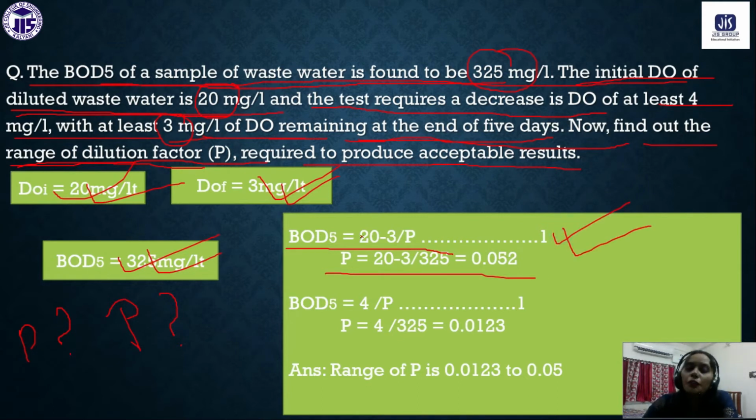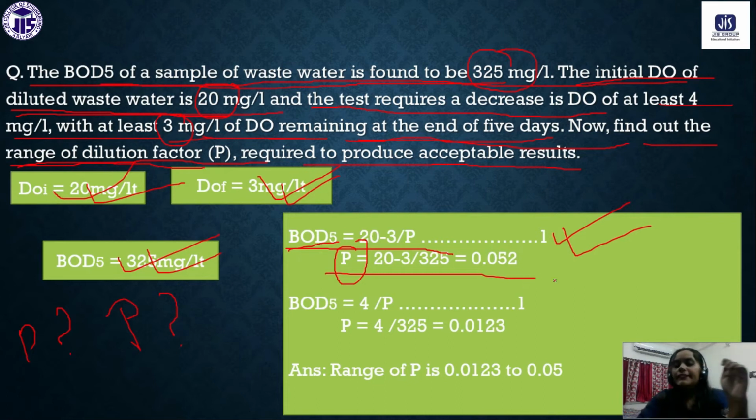From the initial value, the final value, and the BOD value we know, we can calculate the value of the dilution factor. So 20 minus 3 divided by 325 equals 0.052.